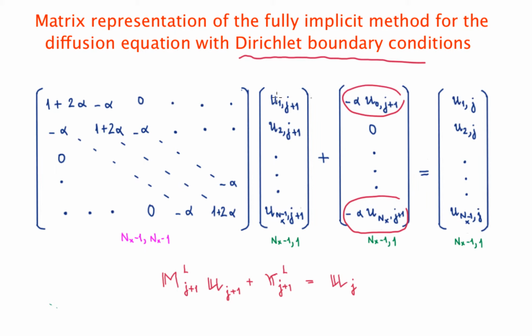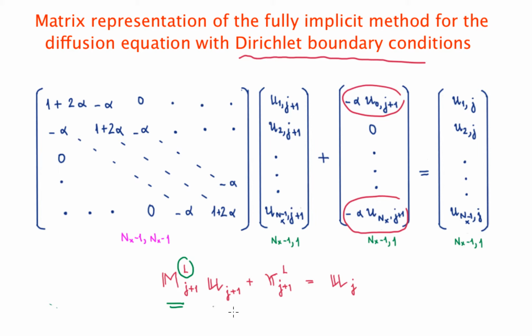So when we write it in this way, we actually got our aim. On the left we have a square matrix, which in principle is evaluated at time j plus 1. Here I'm writing the subscript L, which says that this is the matrix we are writing on the left.